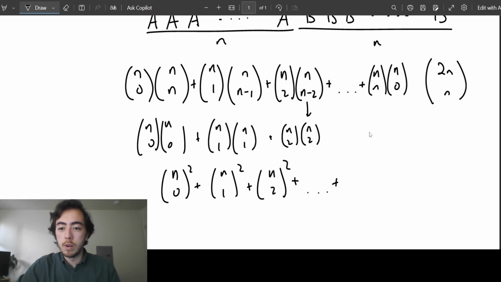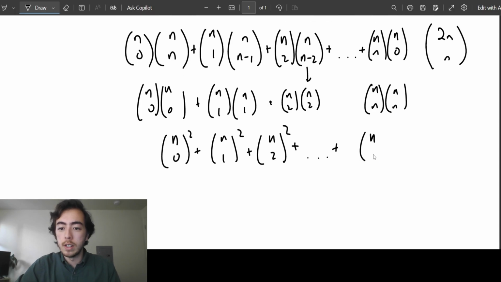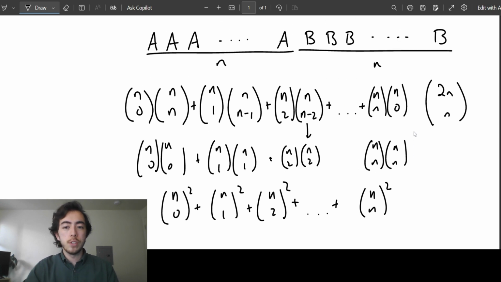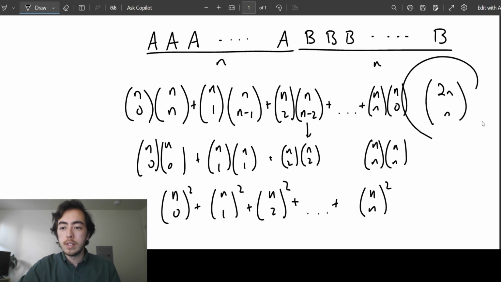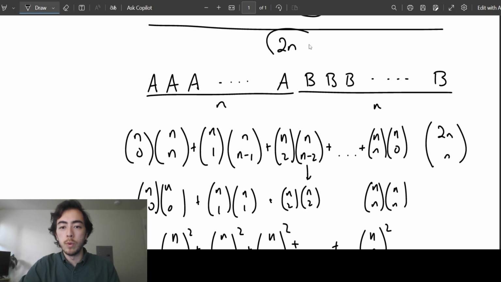This second row is me showing that these two choose functions produce the same value. And then here I am writing it in that squared notation. And these two things should be equal to each other, right? This counts the number of ways that I can choose a committee of n people from 2n total.